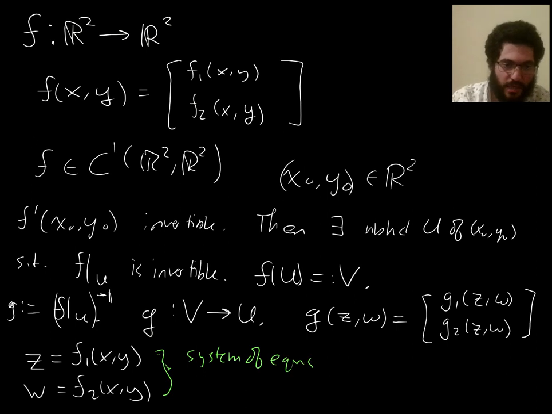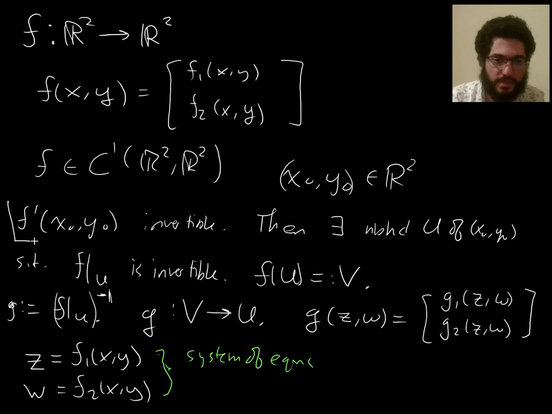And the fact that g is the inverse of f in U tells you that if you want to solve the equations z equals this expression involving x and y, w equals this expression involving x and y, then you're guaranteed that you can do it. And what the inverse function theorem does is give you this guarantee.